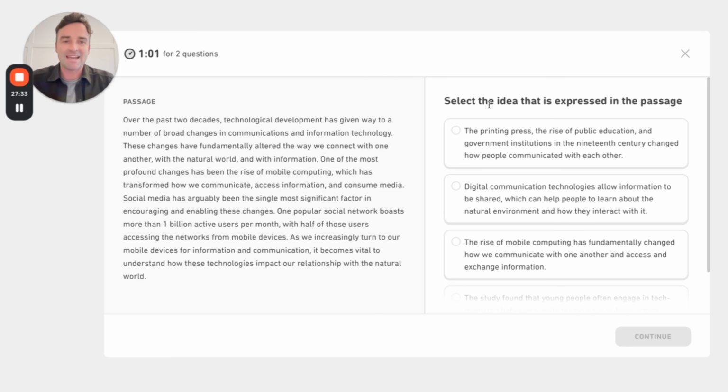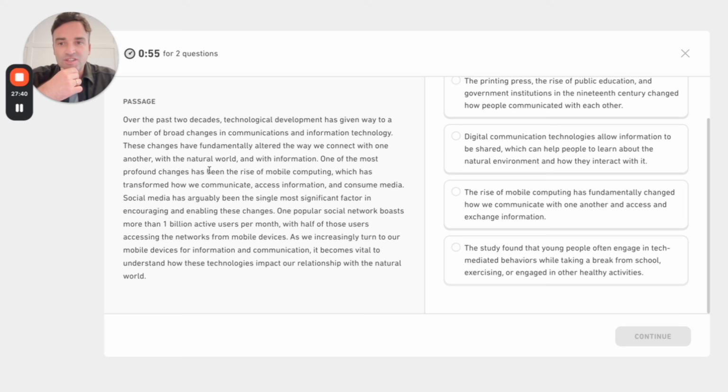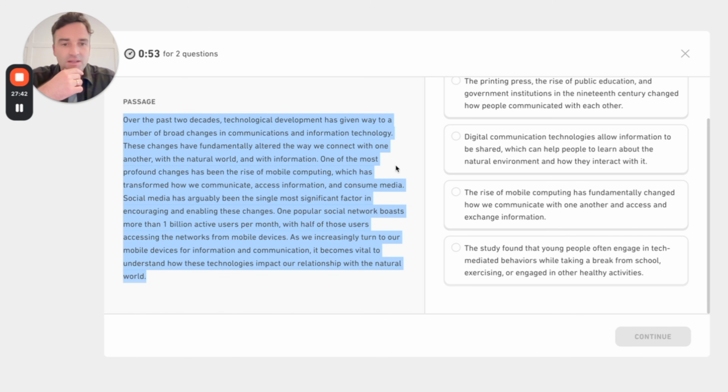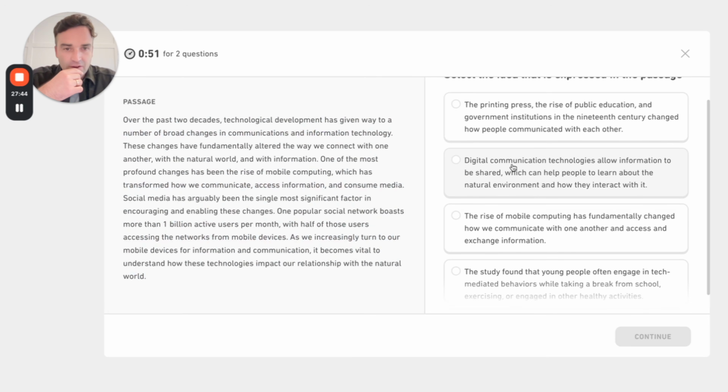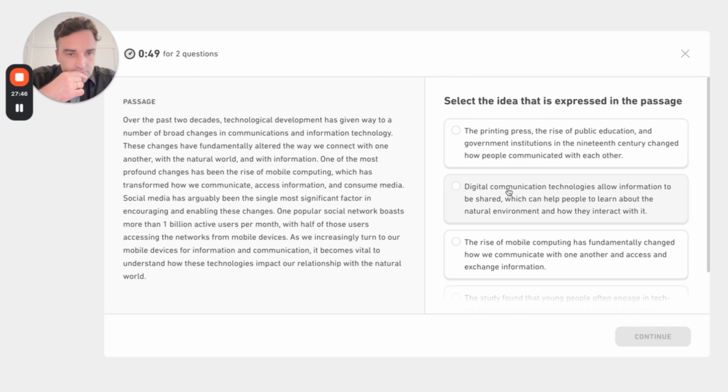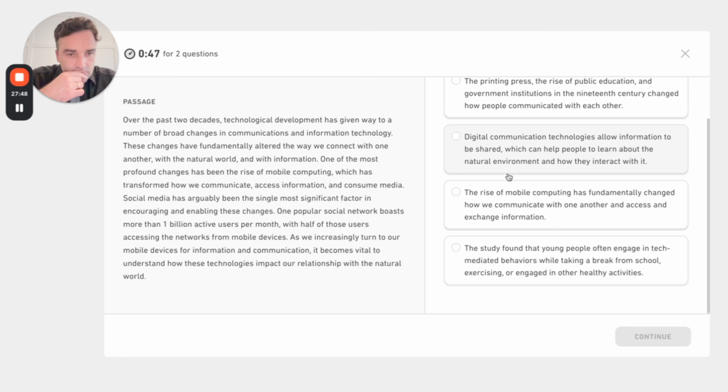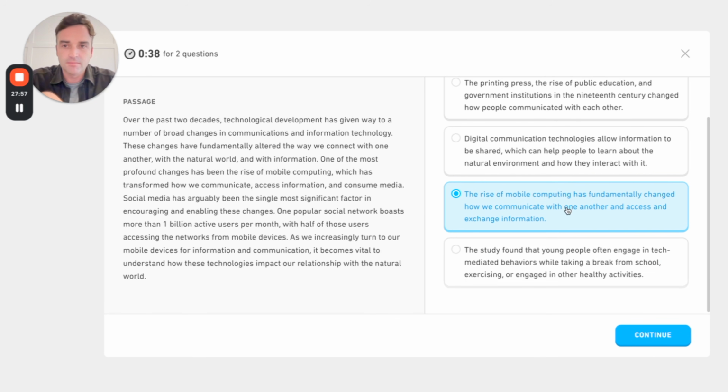What's the main idea? This is the fourth question. What's the main idea? So you don't need to read this again. You've already read it. I better hurry up. Yeah, so the rise of mobile computing is the only one here which stands out to me.